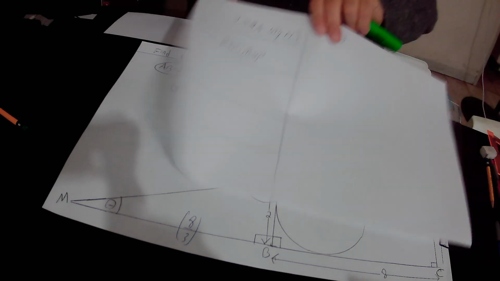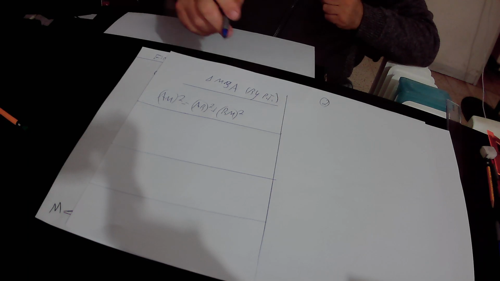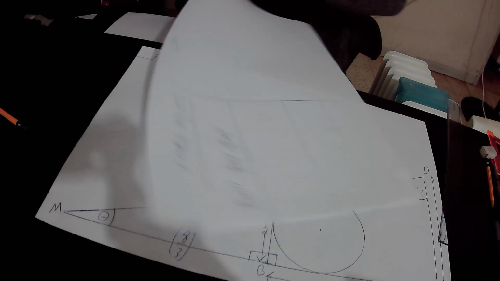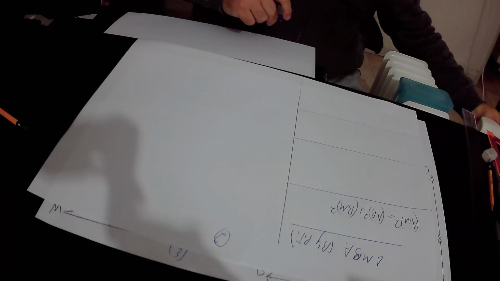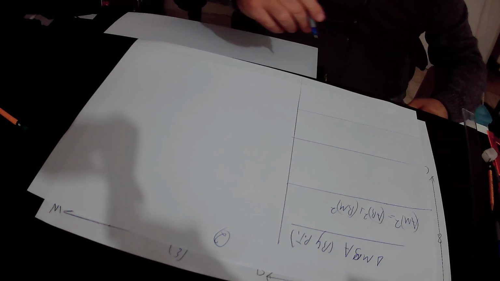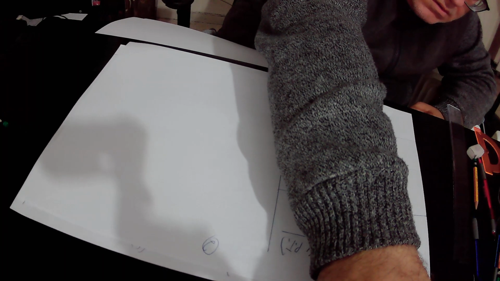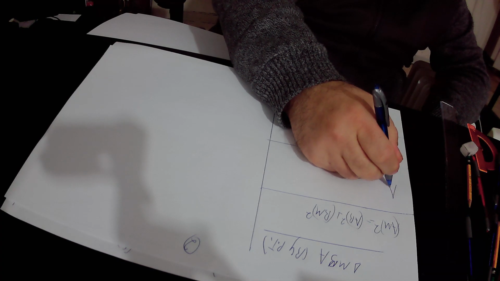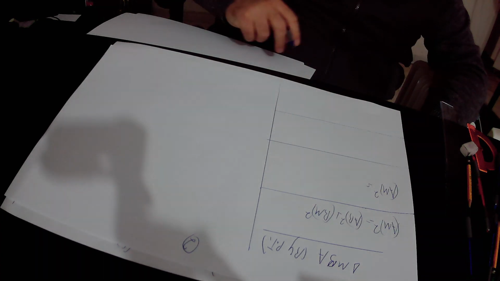According to the Pythagoras theorem, in the right triangle MBA, AM squared equals AB squared plus BM squared. So AM squared, that is the square of the hypotenuse, must be equal to AB squared.